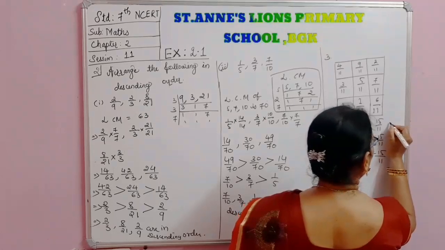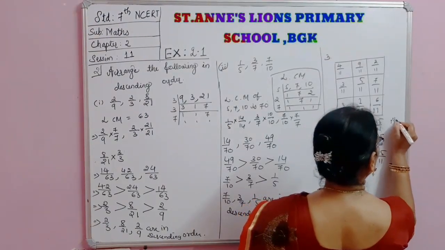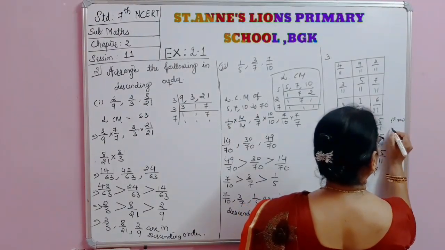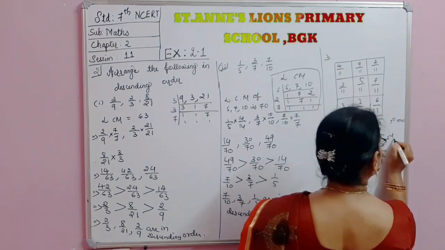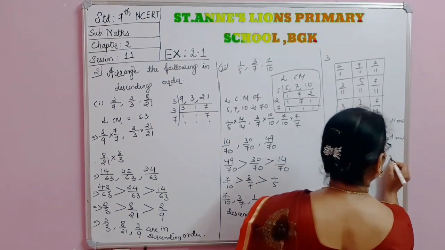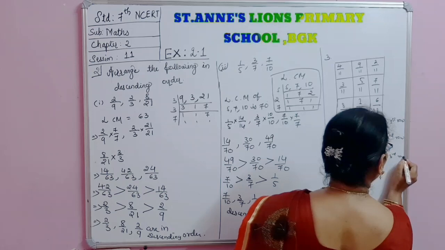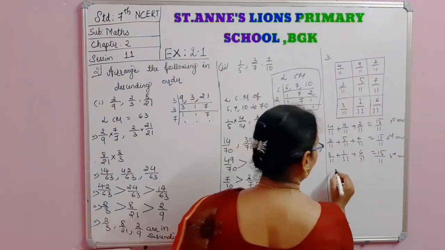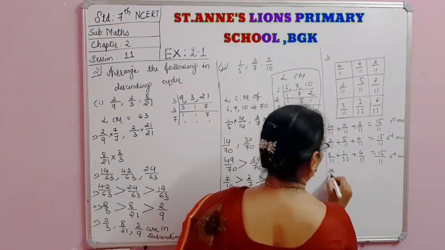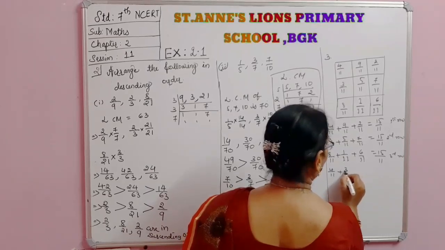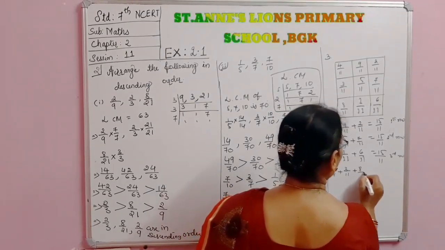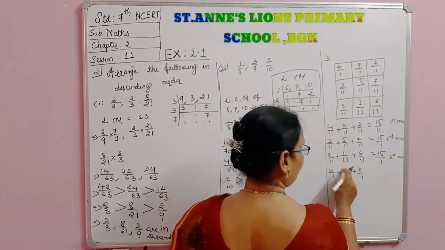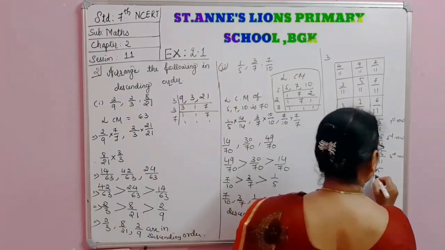See, this is first row, second row, this is third row. Now the columns we see. 4 by 11 plus 3 by 11 plus 8 by 11. 8 plus 3, 11, 11 plus 4, 15 by 11.